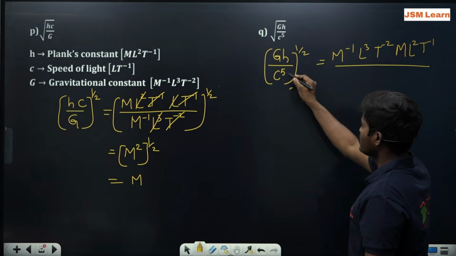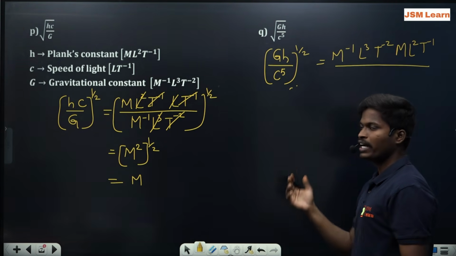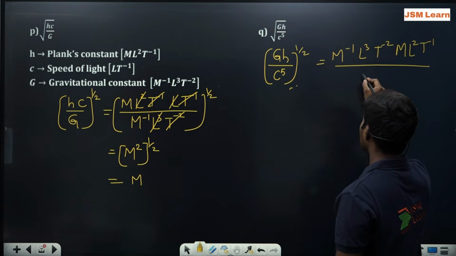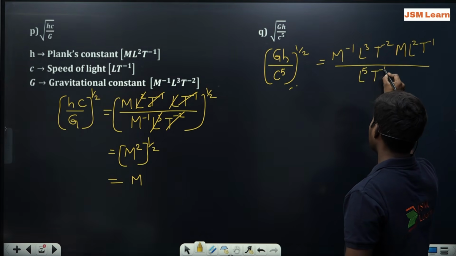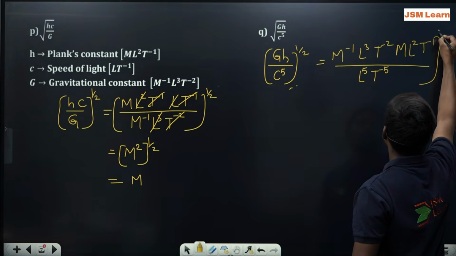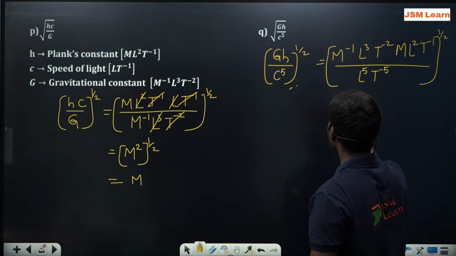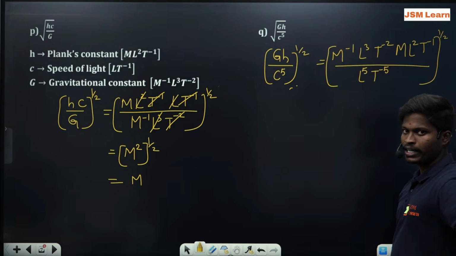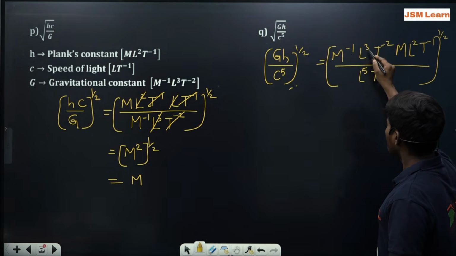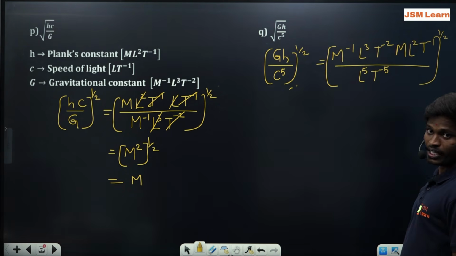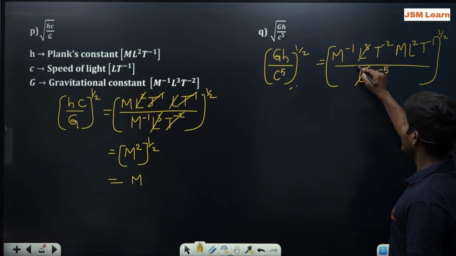In the denominator C to the power of 5, C is speed of light, (L T^-1) whole to the power of 5 means L^5 and T power minus 5, whole to the power of 1 by 2. Now again if you look at the numerator and denominator, we have L power 3, L power 2, so total L power 5 in the numerator, L power 5 in the denominator. So these two get cancelled.